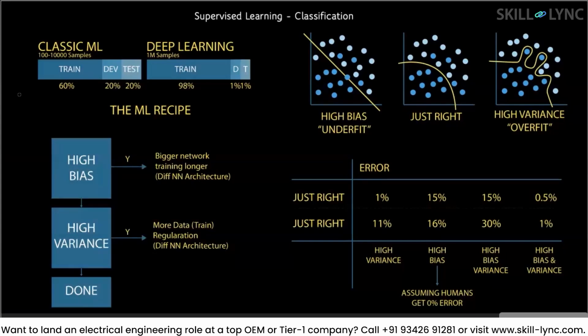But in deep learning, if you are facing high bias, which is underfitting, which we'll again see in the third course, you have to have a bigger network. That means more hidden layers. So always remember this: when your model is underfitting, try to complicate your model so that it goes from underfitting to an optimum model.